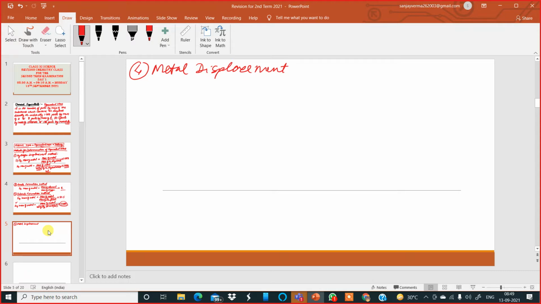It is 22.4 decimeter cube or liters, but here the volume must be used in milliliter. That's why we are converting 22.4 liters to 22,400 centimeter cube and dividing it by 2 to get 11,200 milliliter, or centimeter cube.